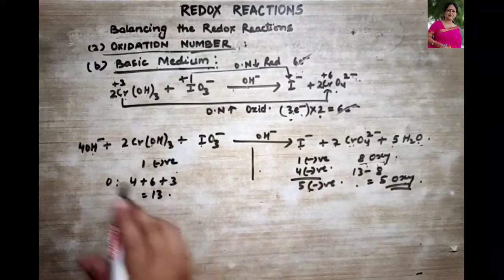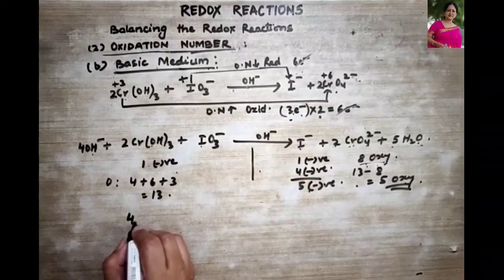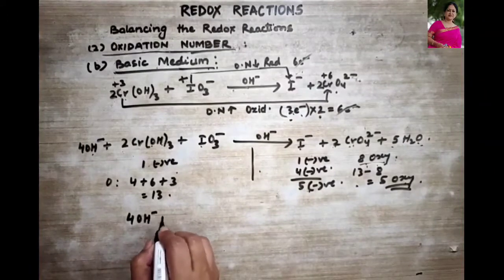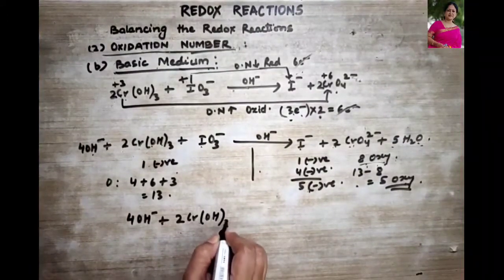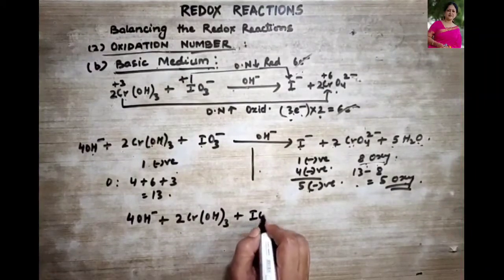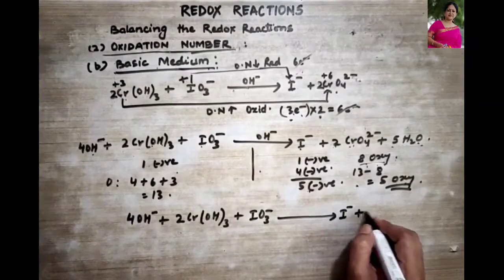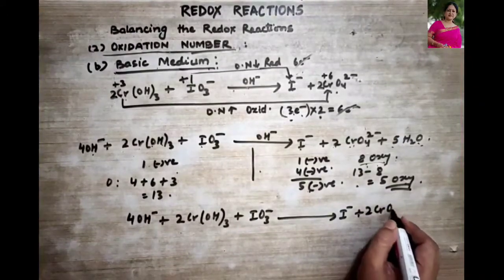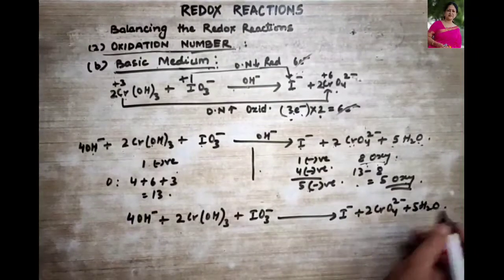So let me write down this equation once again and then we will check for hydrogen, whether it is balanced or still unbalanced. Chromium hydroxide plus IO3 minus will give I minus plus 2 chromium ion plus 5 H2O.